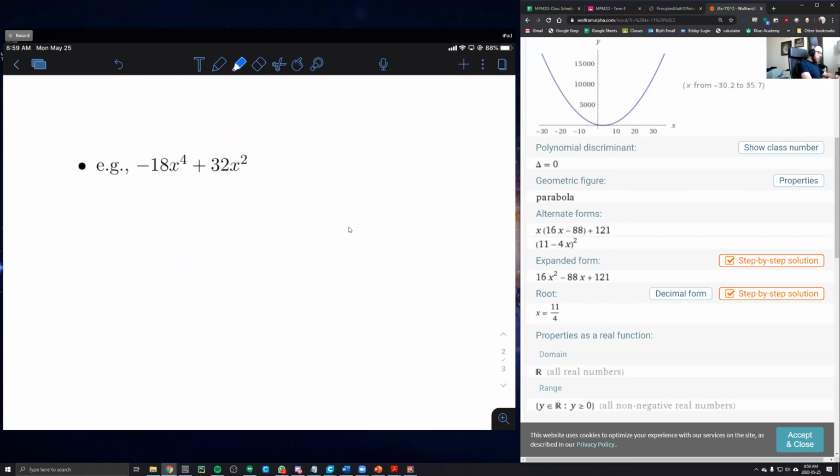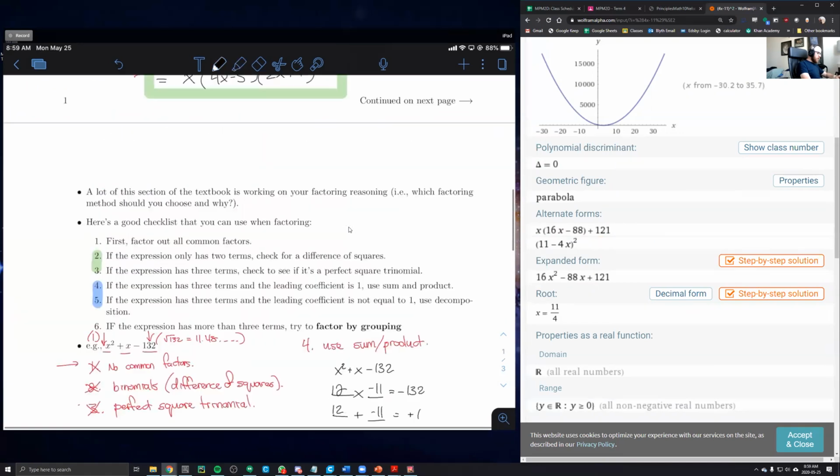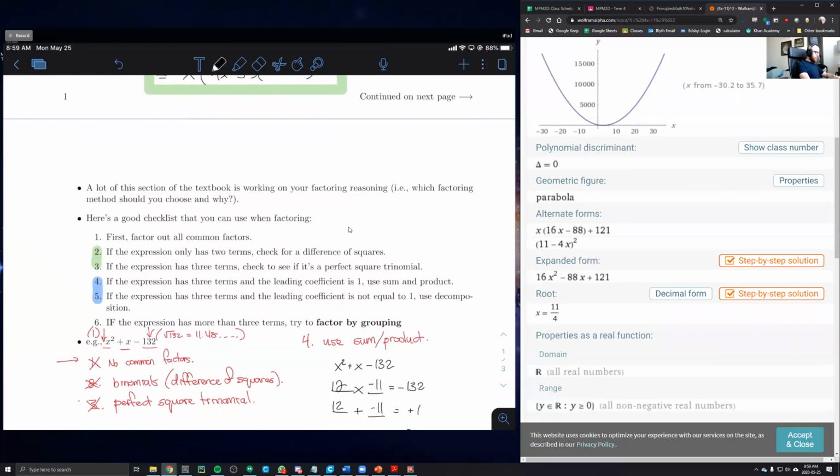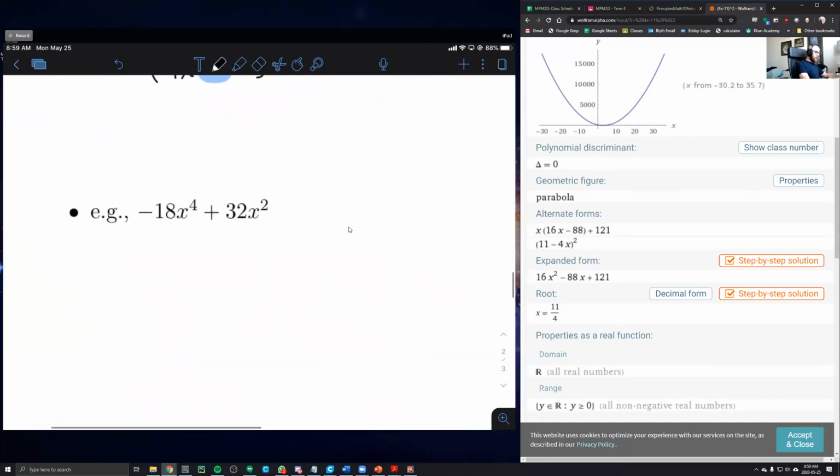Okay, so looking at this, again, walking through this step by step. The first step is to factor out all common factors if we can. In this case, we definitely have some things in common here. We have 18, and I know I can factor out at least a 2, because they're both even.